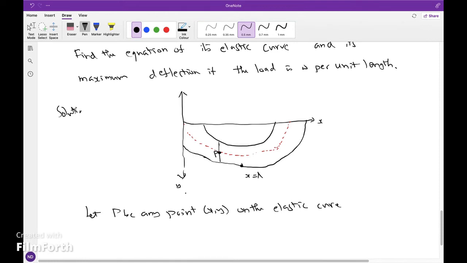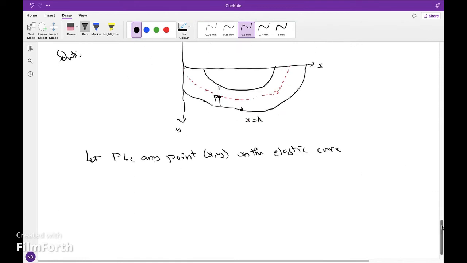The total weight supported is 2L into omega.